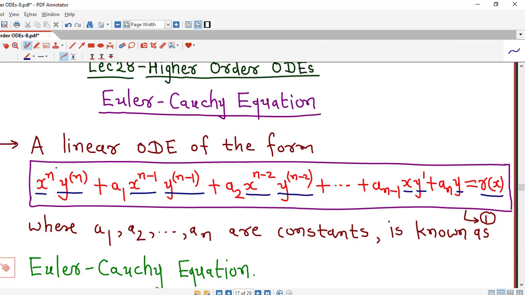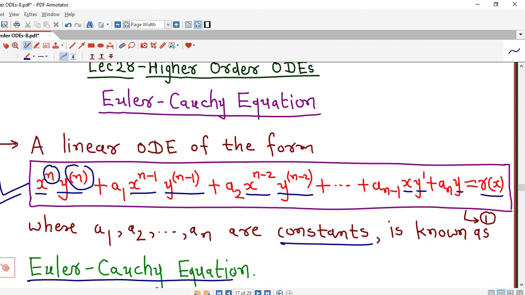So in each term, the power of x and the order of derivative are the same, and a1, a2, an are constants. If our differential equation can be written in this form, then it is known as an Euler-Cauchy equation.